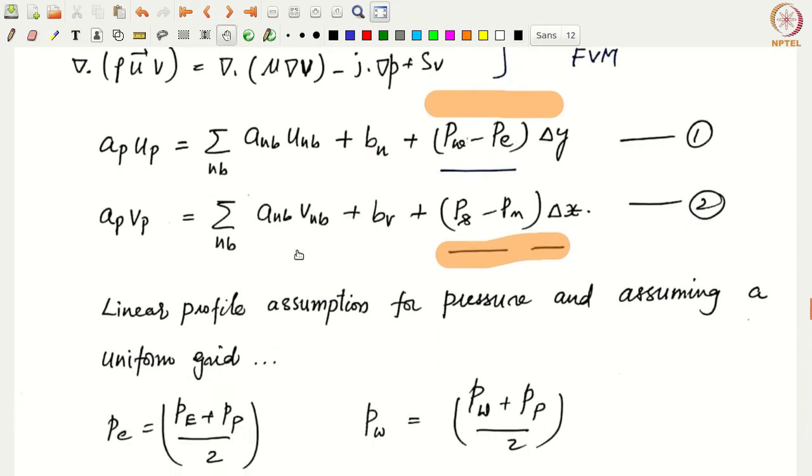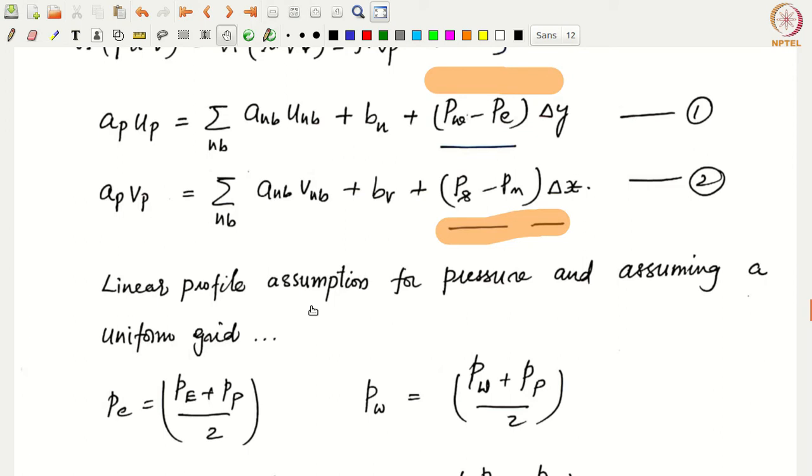Now, can we solve equations 1 and 2? We cannot solve them as they are, because these are two equations and the unknowns are three. Because your uP, vP and pressure, there are three unknowns, but only two equations. What is the third equation? The third equation, which we have not written down here, is the continuity equation.